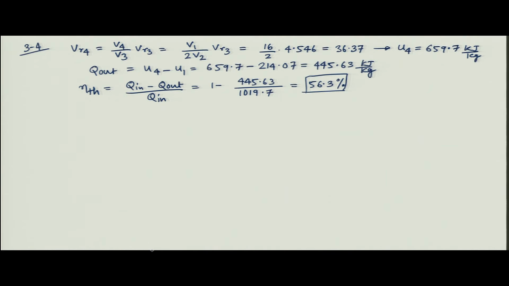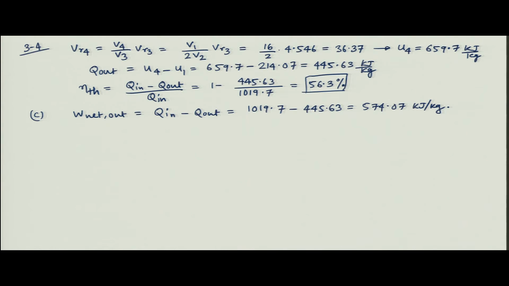The third part is that we have to calculate the mean effective pressure. For the mean effective pressure, we need to know the net work output, which is nothing but Q in minus Q out. So, 1019.7 minus 445.63 gives you 574.07 kilojoule per kg. So, that is the net work output.